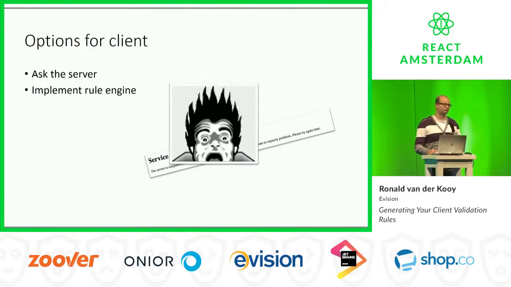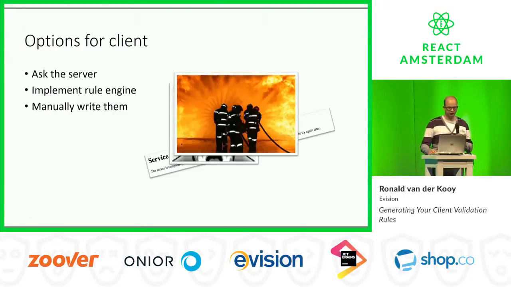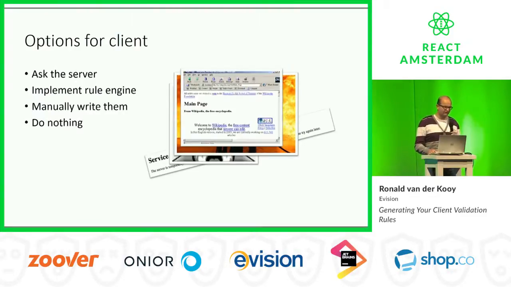Nah, we would have 2 rule engines now. We can manually write them per customer. That would be hard to maintain, so we would be firefighting this all the time. You can also do nothing, right? You can say, we're working with a document and I send it to the server when I'm done, and the server tells me if I can continue. That's very old-fashioned.